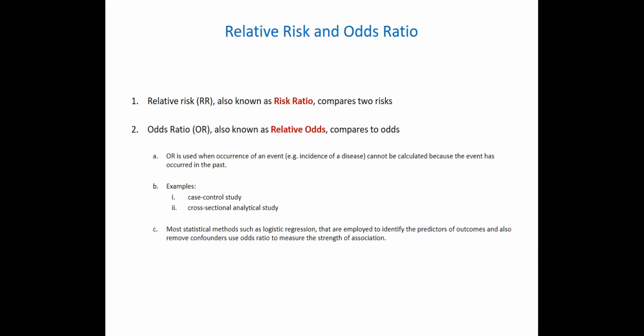Okay, we have two sets of people. These people smoke cigarettes. These people don't smoke cigarettes. What is the probability that someone who smokes cigarettes will have cancer of the lung? What is the probability that someone who does not smoke cigarettes will have cancer of the lung?